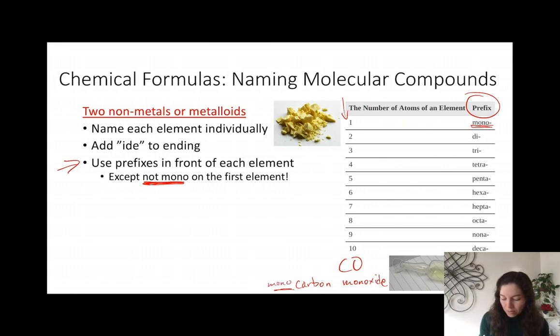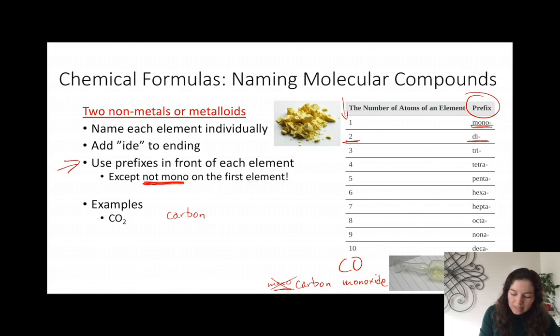So it is optional. We usually don't write it. Okay. CO2. Instead of carbon monoxide, we're going to use this prefix for two atoms. So carbon dioxide.